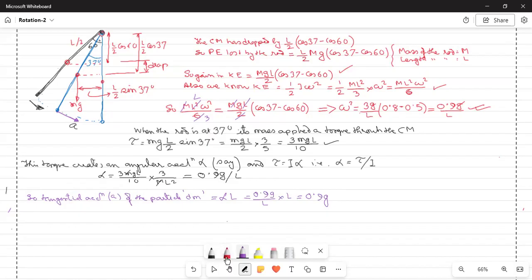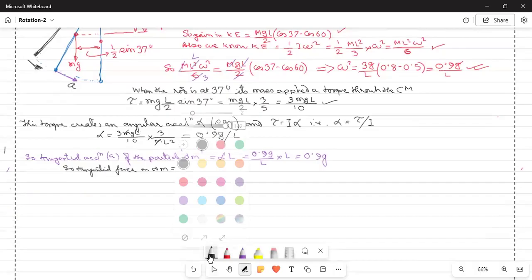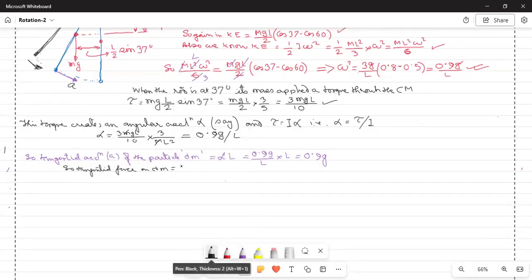So tangential force on dm is equal to mass into acceleration, its mass is dm, and tangential acceleration is 0.9 g, so it is dm multiplied by 0.9 g.